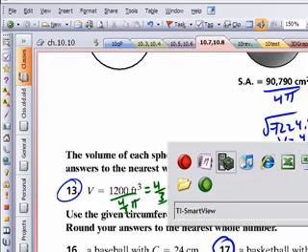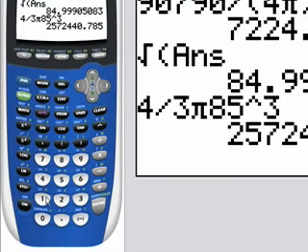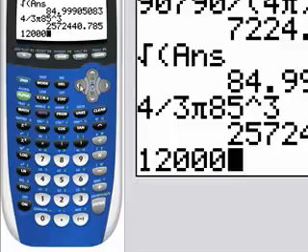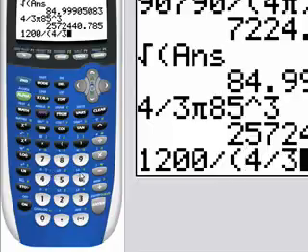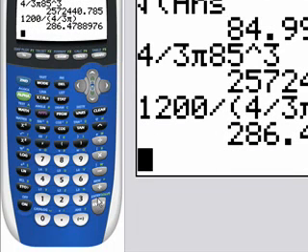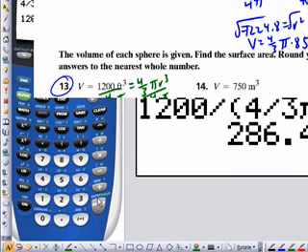So we have 1200 divided by 4/3 pi. So 286.47, that's equal now to r cubed.